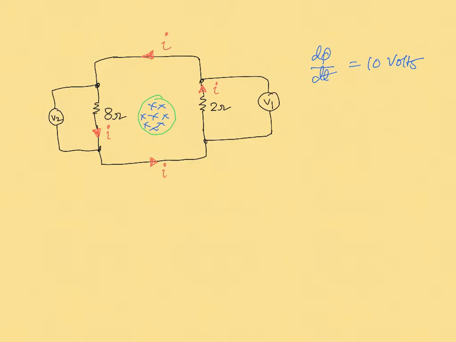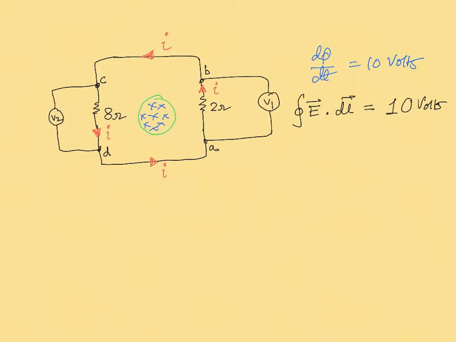So we know the integral of E dot dl is equal to d phi dt, magnitude only, so that's 10 volts. Now let's name the points A, B, C and D. Except the region from A to B and C to D, the rest is devoid of resistance.